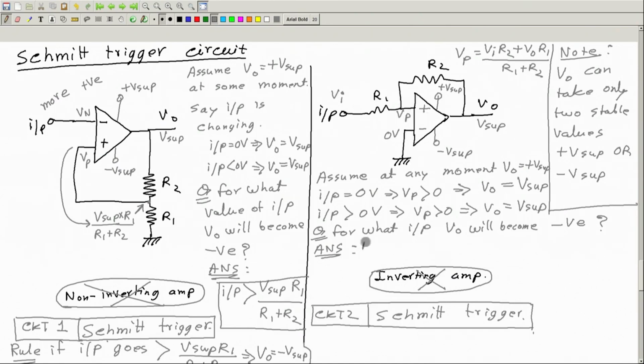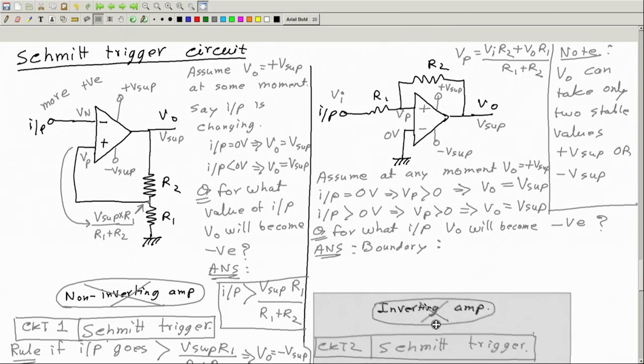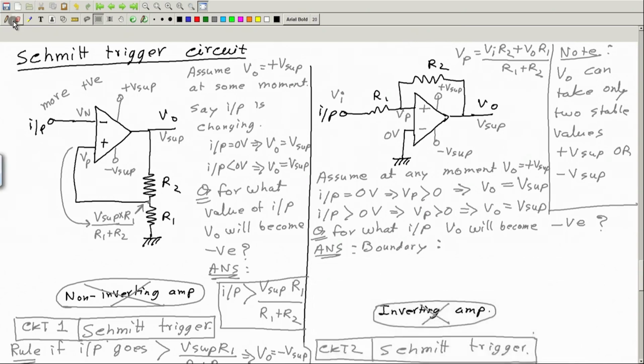So, the boundary condition is the condition when V P will be exactly equal to 0.